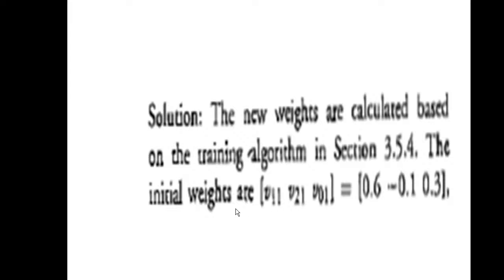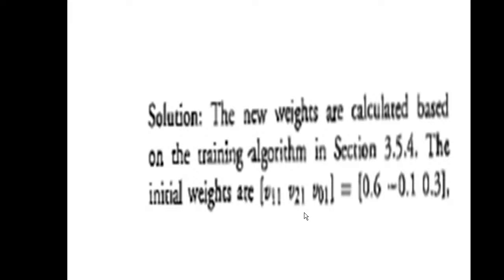The notation you are supposed to follow is V11, V21 and VO1. V11 is given as 0.6, V21 is minus 0.1, and VO1 is 0.3.